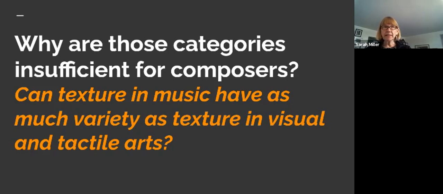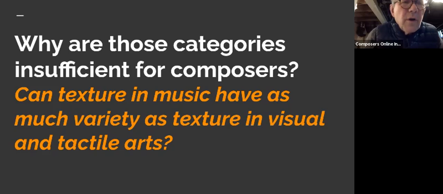Anybody else have ideas? I'm not going to call on anybody. One of my problems is when I analyze music, so often it's all of those things that are described, but what does that tell us about the piece? Not a whole lot. And like Xander said, there's an almost tactile quality to timbre.